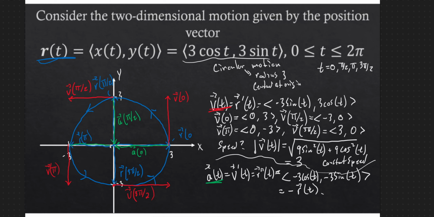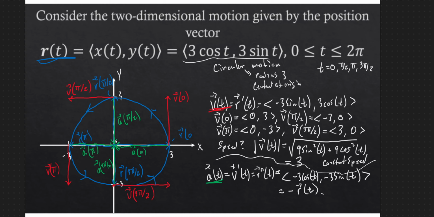My acceleration is pointing to the right here. This is a of pi. And finally, acceleration pointing straight up here, a of 3 pi over 2. So what's interesting here is the acceleration is always pointing towards the origin.